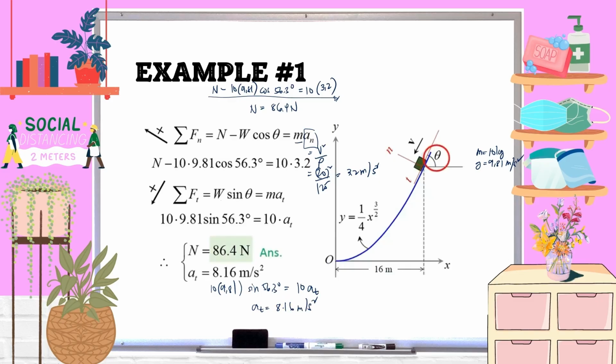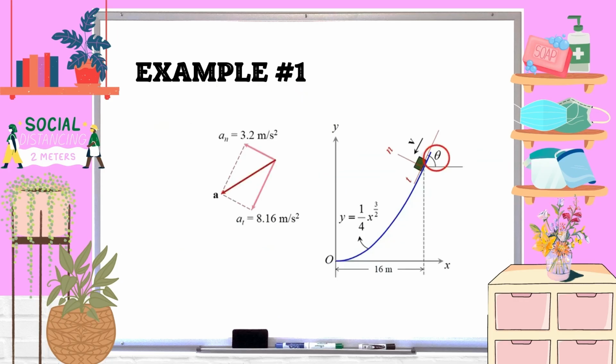So we are now done finding the normal force, likewise the value for acceleration a sub t. And based on the problem, we are asked to find a sub t and a sub n to calculate the magnitude of acceleration. To solve, we will apply the Pythagorean theorem, and you already know how to apply the Pythagorean theorem. We will be able to get the acceleration, 8.77 meter per second squared.